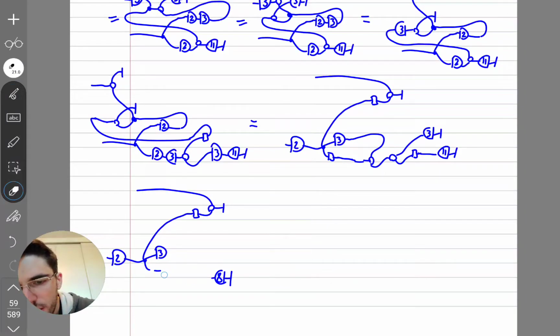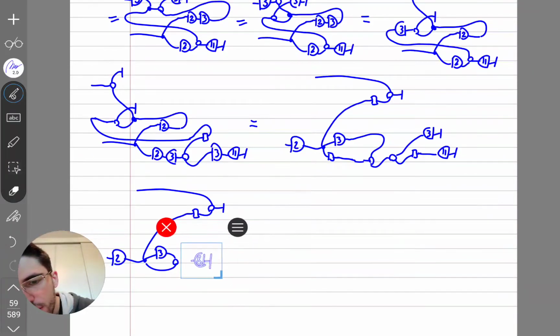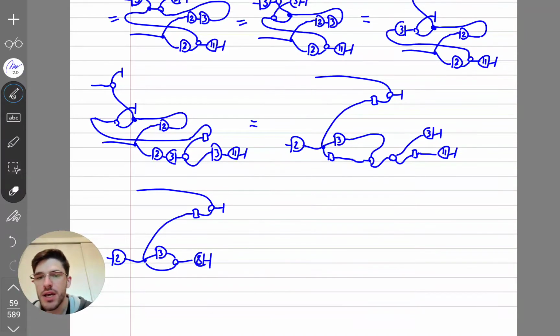And finally, this works sometimes. Okay, we're almost there. If this is z, this is like 3z coming from the top plus z from the bottom. So this is 4z.